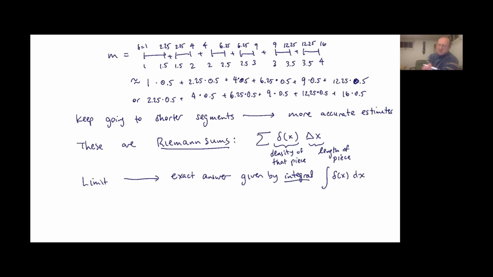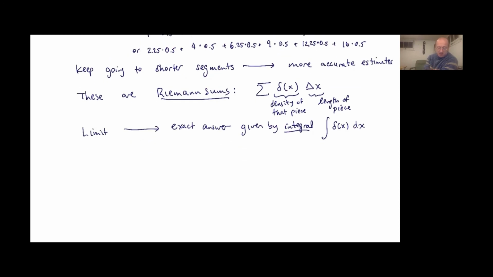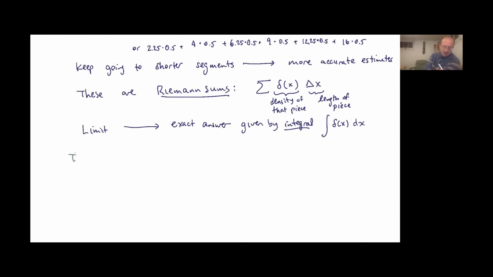All right, let's put it all together and answer the question we started with. In this example, the mass is given by the value of the integral, x from 1 to 4, of our density x squared, and we're integrating it dx.